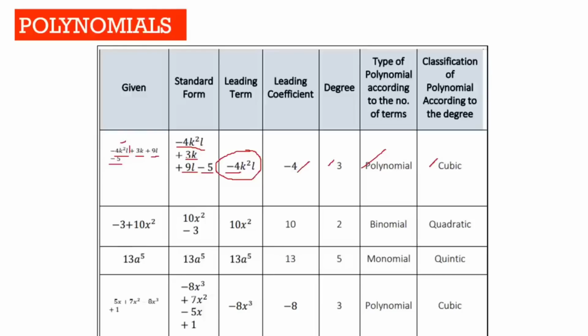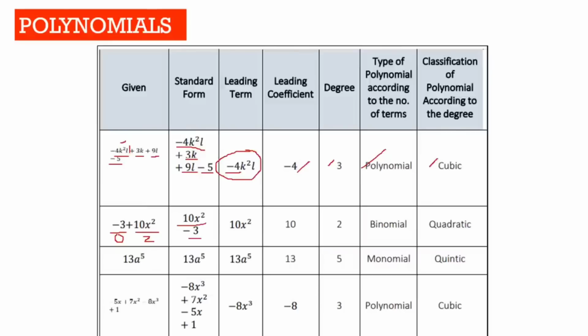Next, our next example is negative 3 plus 10x squared. Negative 3 is a constant having the degree of 0, and the degree of our second term is 2 because the exponent of the literal coefficient is 2. That means that 10x squared should come first in order for us to write it in standard form. So 10x squared minus 3 is the standard form.